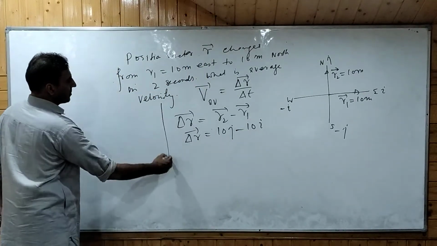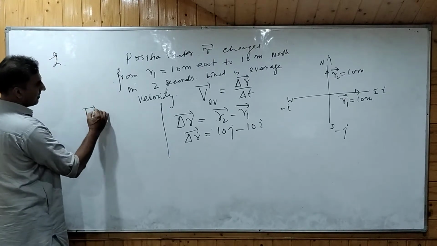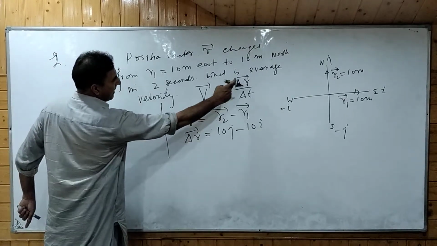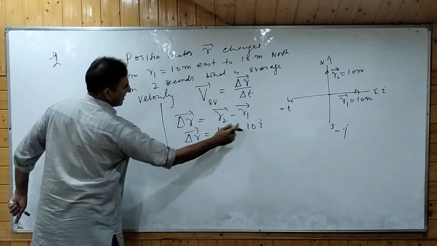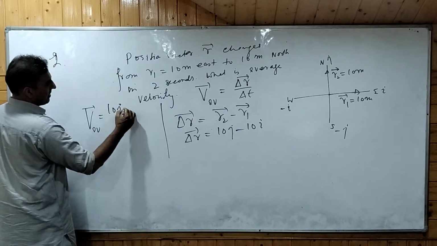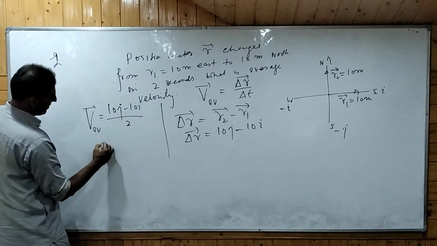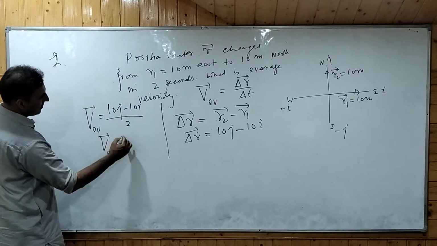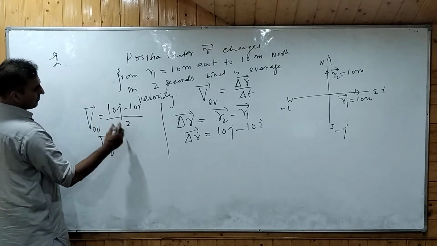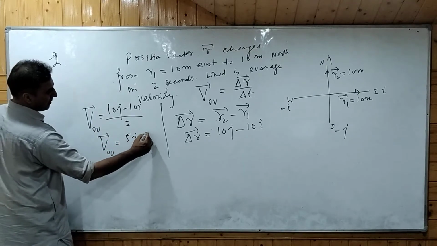Now what is the average velocity? V average is delta r divided by time, that is 10j minus 10i divided by 2 seconds. So average velocity is 5j minus 5i.